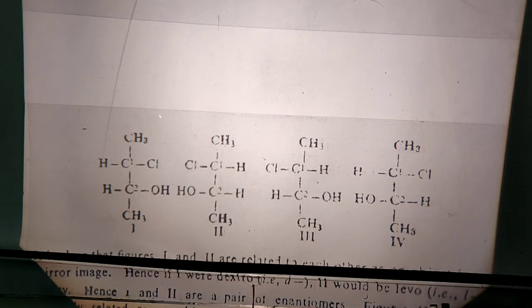So 4 different groups have been attached on different sides. Similarly, in carbon number 2, this is the OH group, this is H, and this is the CH3 group, and towards this side another big group is attached. So carbon number 2 has 4 different groups attached. Therefore, this compound in front of you has 2 different asymmetric carbon atoms.